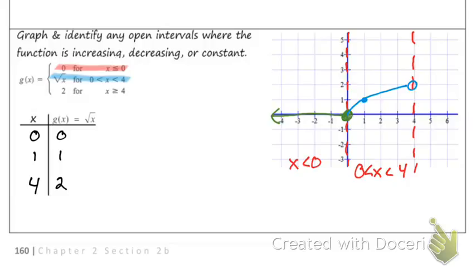Our last one we have to draw is this 2 for x is greater than or equal to 4. So that is g of x equals 2. And what that means to me is I'm looking at a line that goes through 2, kind of like this, but can't go across that entire space.